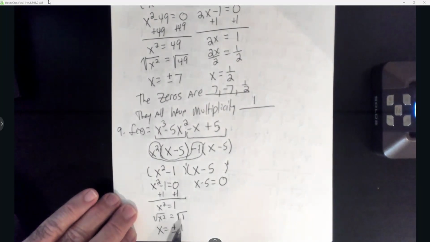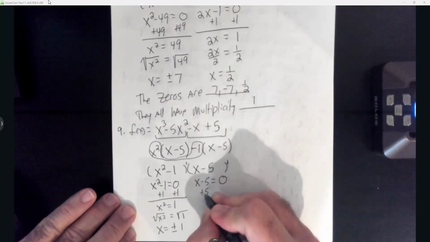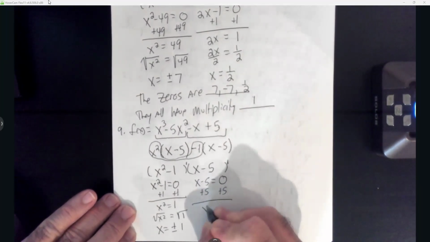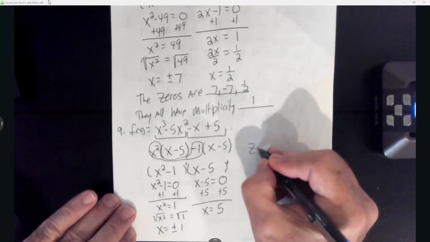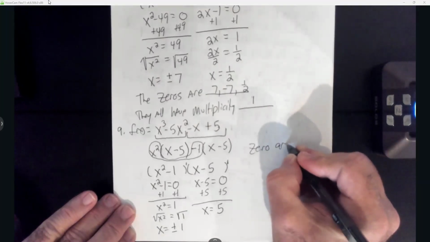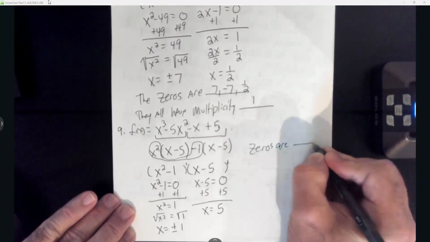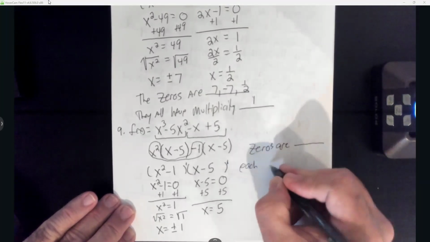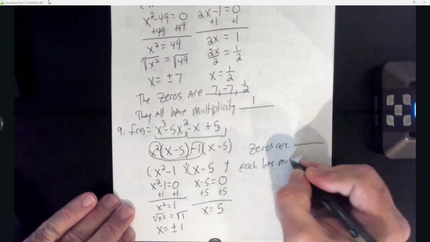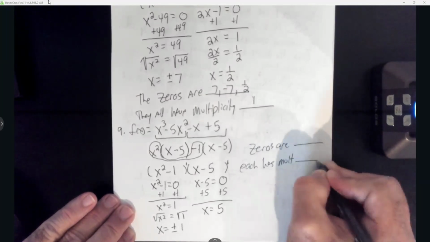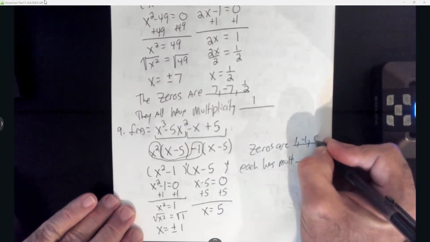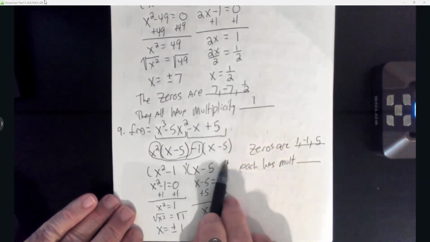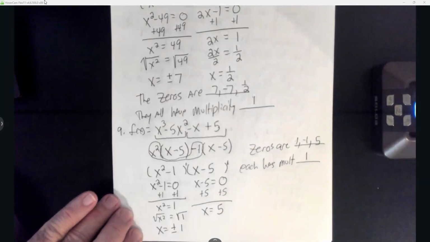So 2 of my zeros is 1 and -1. And then over here, I would just add 5 and get x equals 5 as my third zero. Whoops, zeros are... and then each has multiplicity blank. So I had what, a 1, -1, 5. And like I said, each of these had a multiplicity of 1.